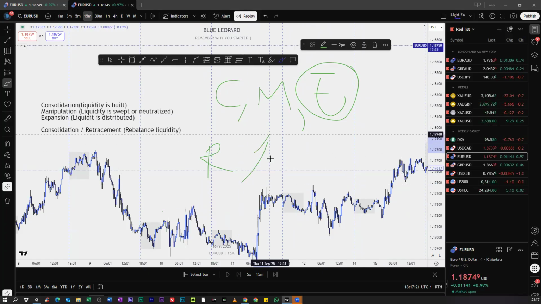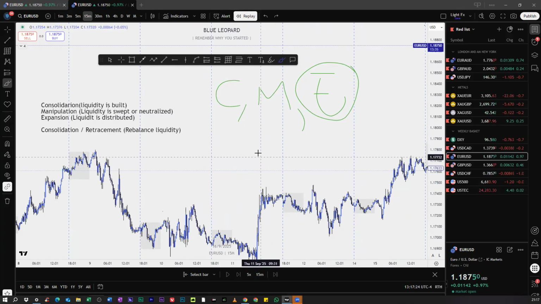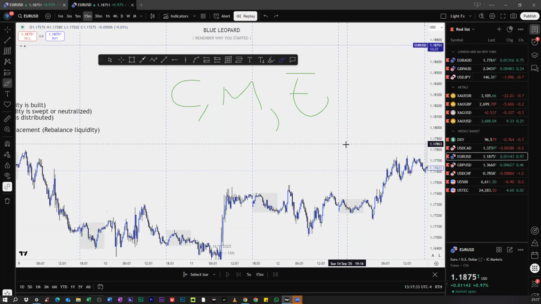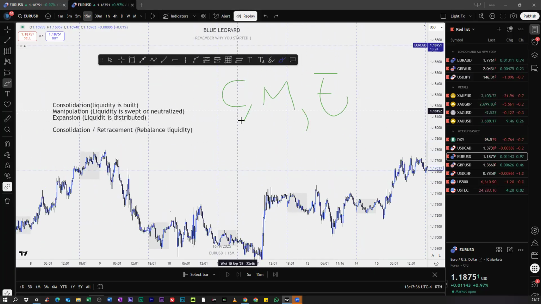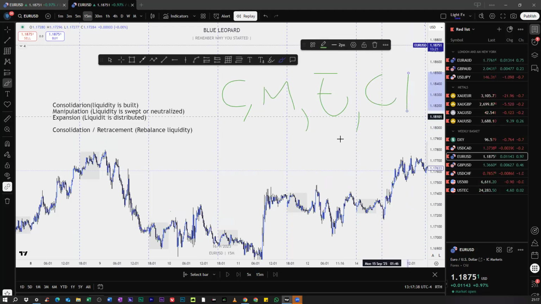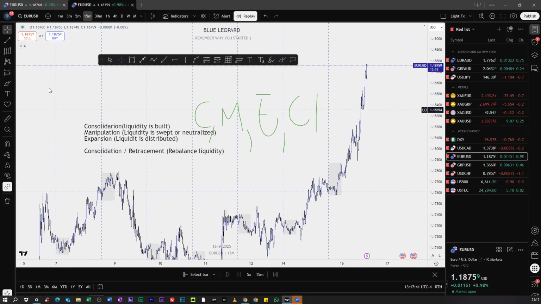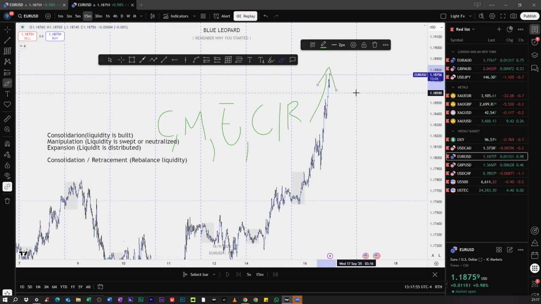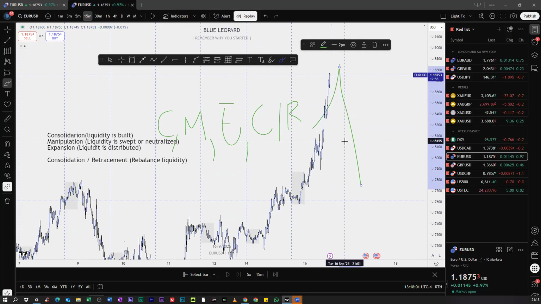Either we are going to continue in the same direction, or sometimes a retracement will end up being a consolidation, then price will reverse, okay? So after the consolidation here or a retracement, you can have another expansion to continue in the same direction, or after that continuation, you have a straight change in direction.